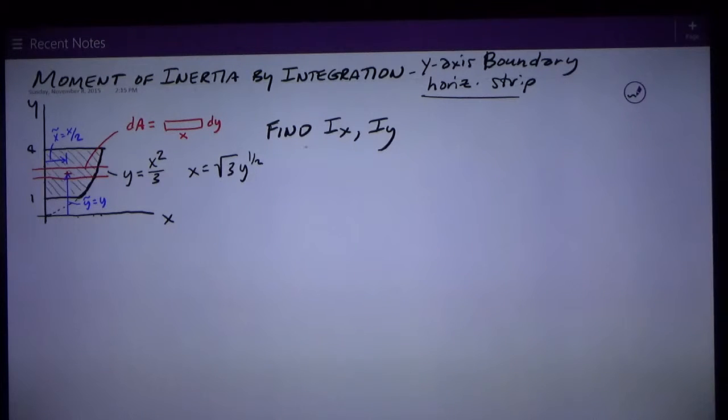So the goal is to find Ix and Iy, the moments of inertia about those two axes. We're going to start off doing Ix, and it's based on the basic equation that Ix is equal to the integral of y tilde squared dA.